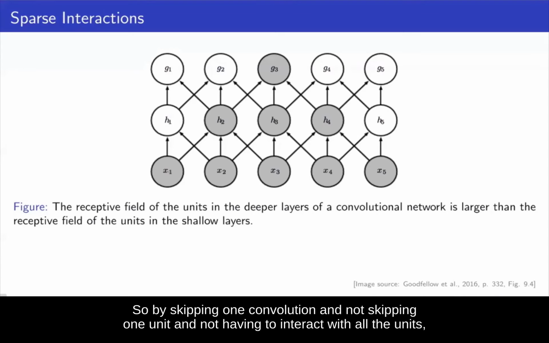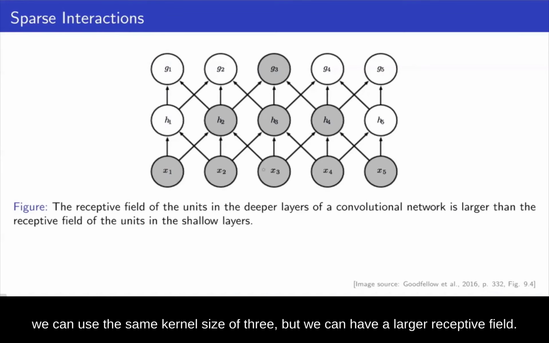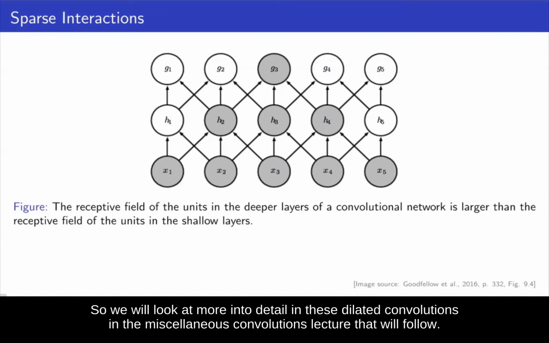By skipping units and not having to interact with all the units, we can use the same kernel size of 3, but have a larger receptive field. We will look at these dilated convolutions in more detail in the miscellaneous convolutions lecture that will follow.